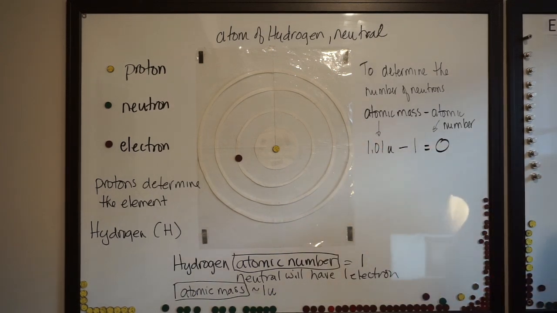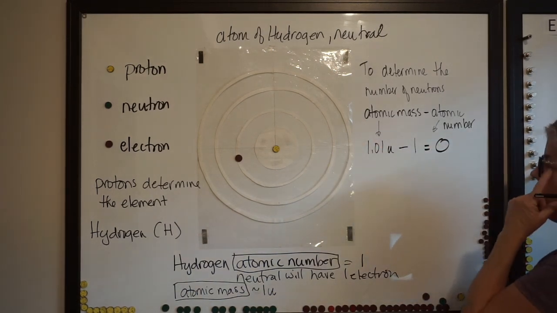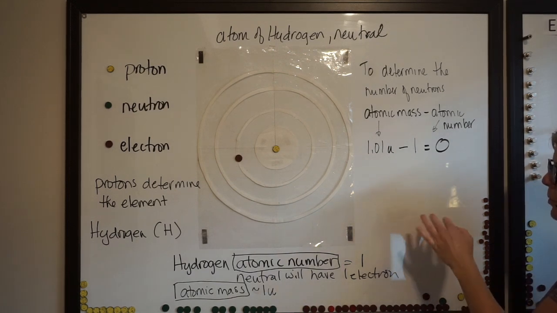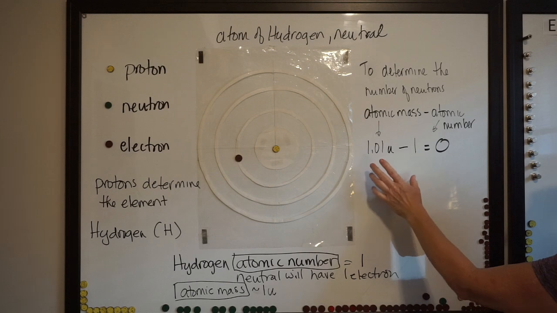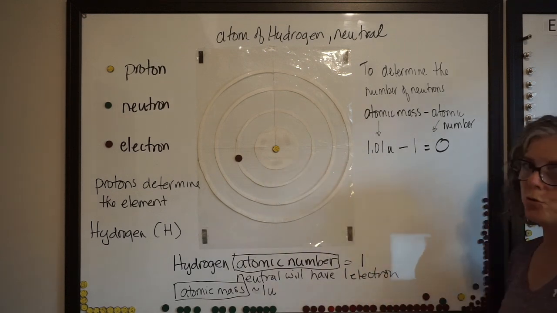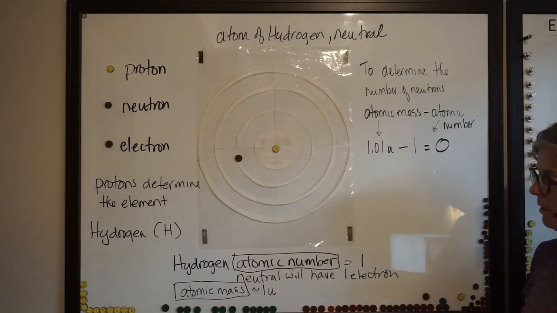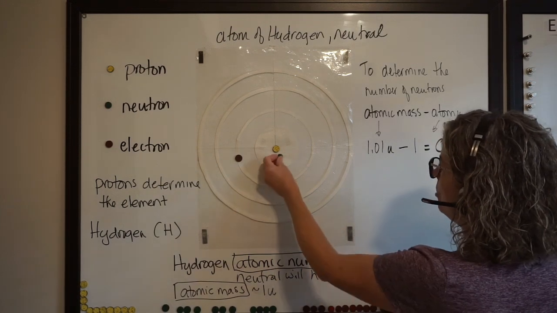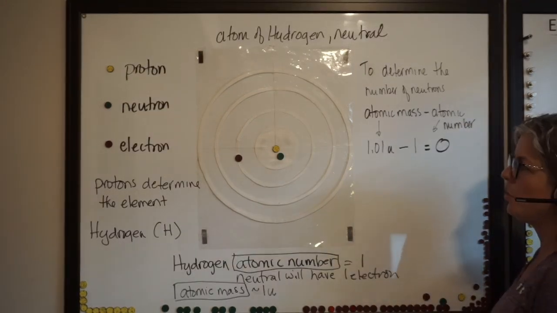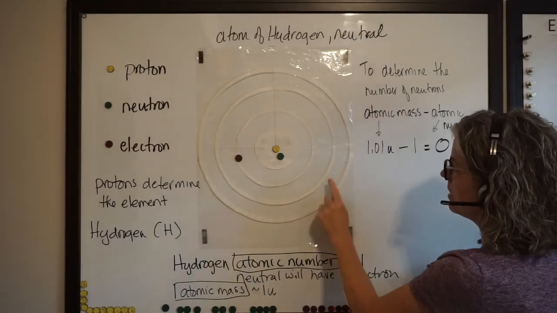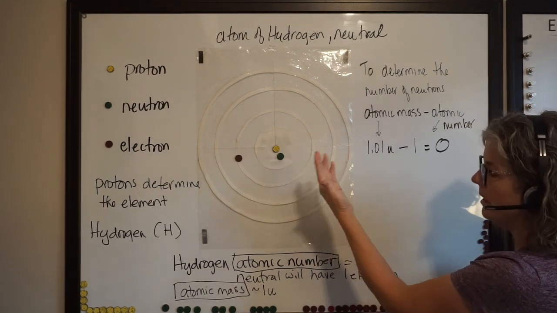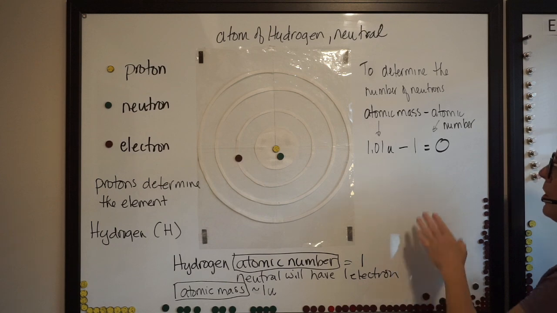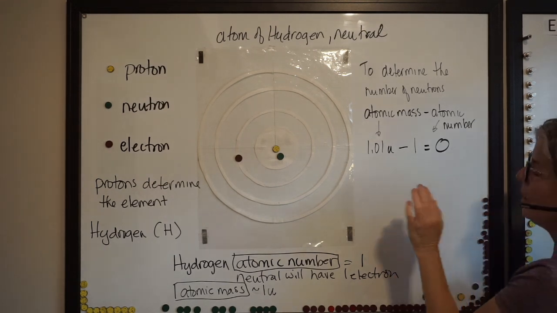This is the most abundant way we find hydrogen, typically with no neutrons. Now when you're working with FET, you'll find that you can still put neutrons in this, it's still stable, but please note that this is still hydrogen, it's just an isotope. It's got a different number of neutrons, therefore it has a different mass.